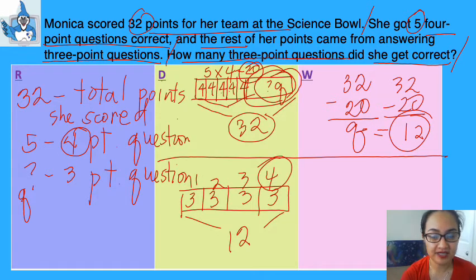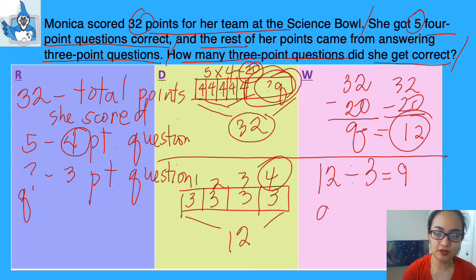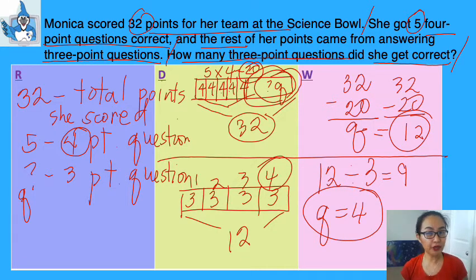Because what we did here is 12 divided by 3 equals the Q. So Q is 4. How many 3-point questions did she get correct? She got 4 3-point questions correct.